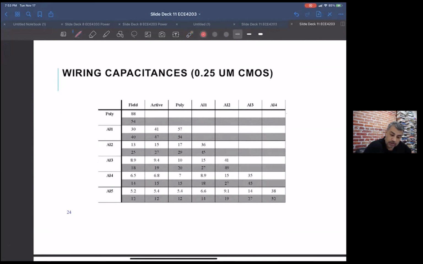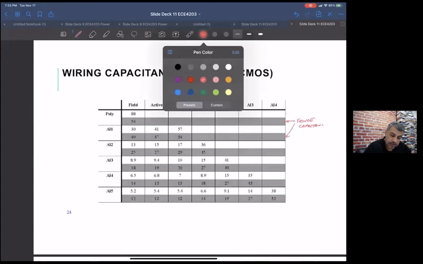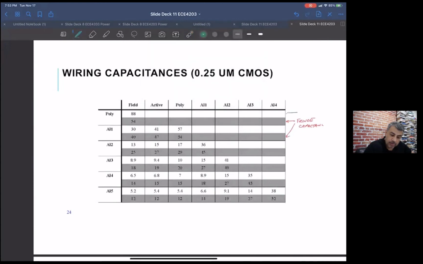So everything in the dark is fringe capacitance, and stuff in the light is parallel plate. And you notice you have the same things here as here.